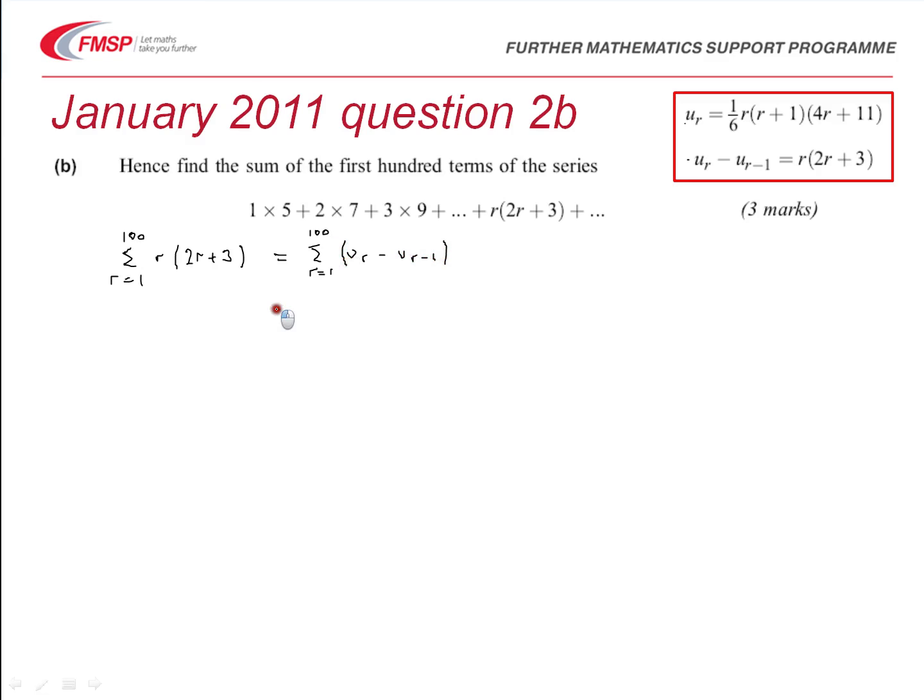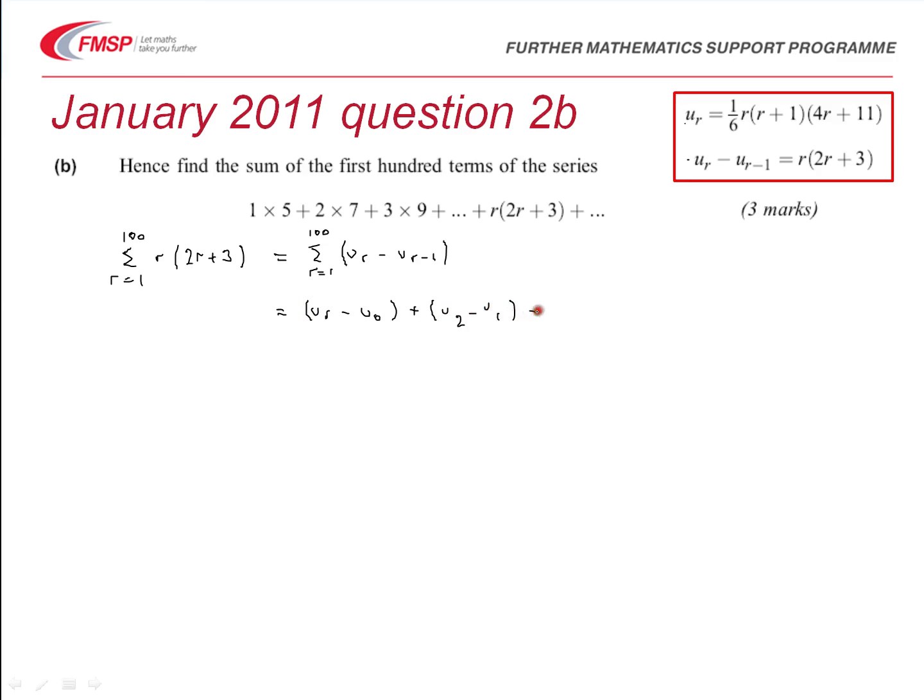Now if we wrote that out longhand, we would know that when R is 1, this is U1 minus U0. And then when R is 2, this is U2 minus U1.